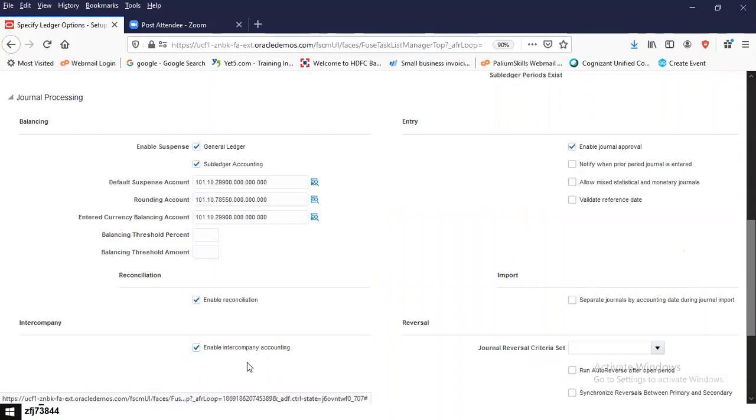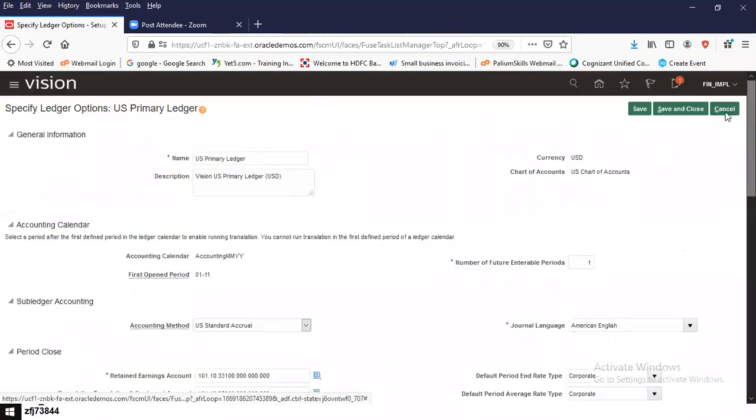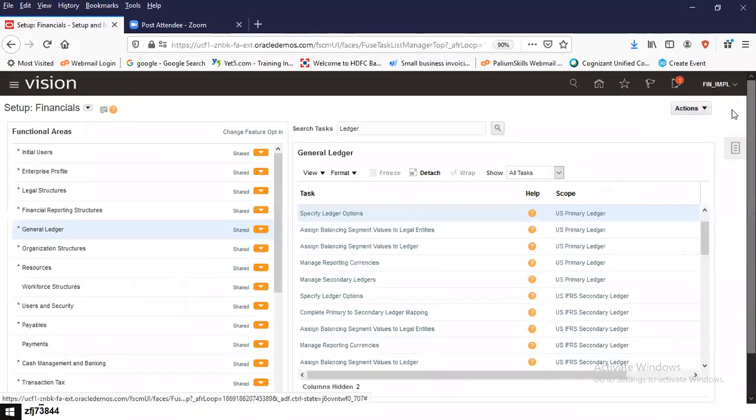If it is not enabled, then the intercompany journals have to be done manually. So this is the first of the setups that you need to enable, based on which the system will generate the accounting for you.